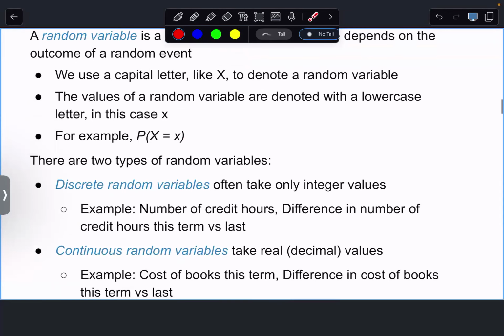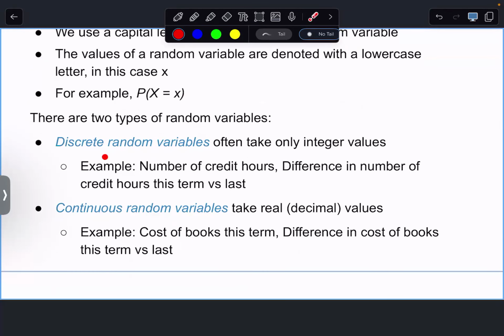And we're going to talk about discrete random variables, where we only take on integer values. Integers are whole numbers, right? So number of credit hours, or the difference in the number of credit hours this term versus last. We're going to look at payouts from gambling, right?